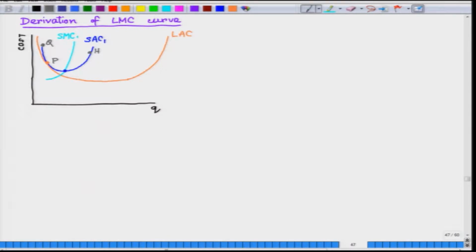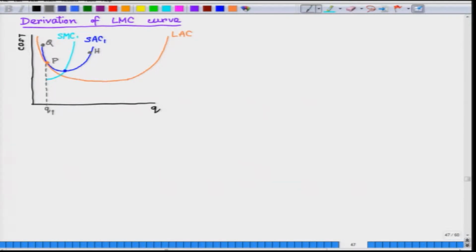Okay. Now, I will draw certain lines. I will draw a perpendicular line from point P on the quantity or output axis, and let that meet the quantity axis to denote a specific output level, say Q1. Okay.